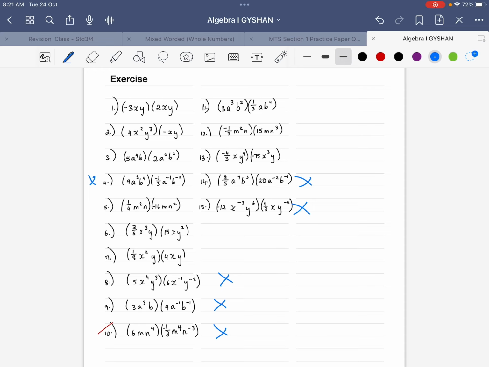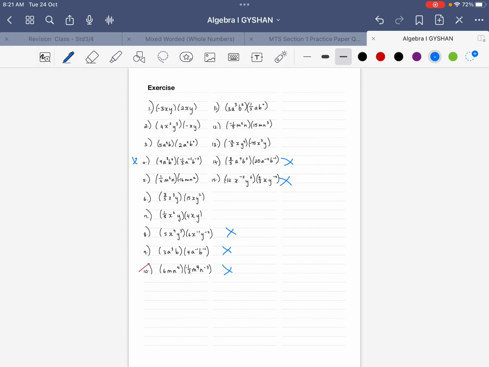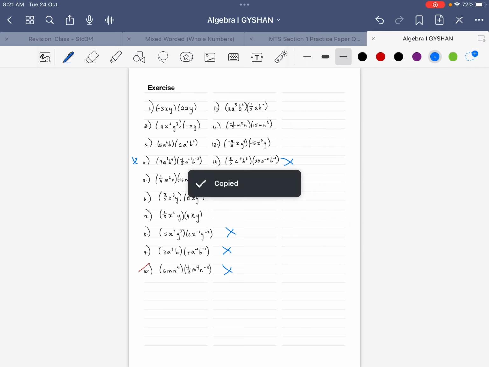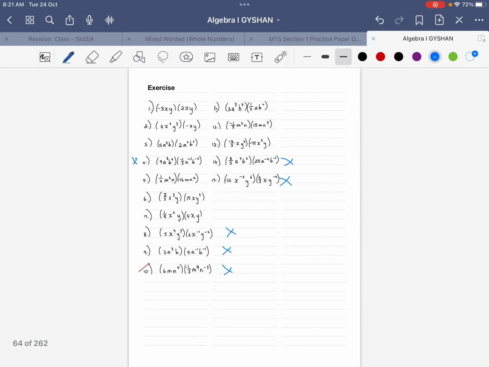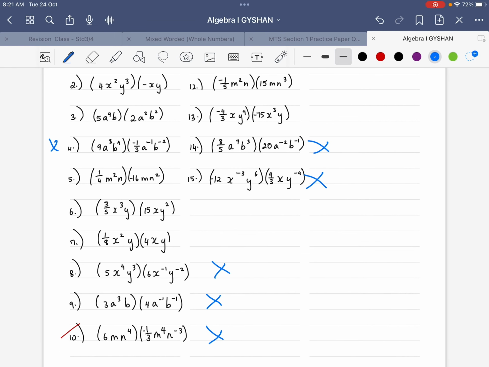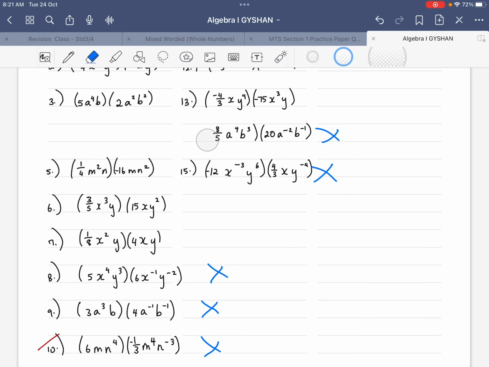Right, so now that you all are finished, we will take a look at the solution. Okay, so the solution isn't there, so let's create the solutions. What I will do is erase the ones that I don't want you all to do as yet.